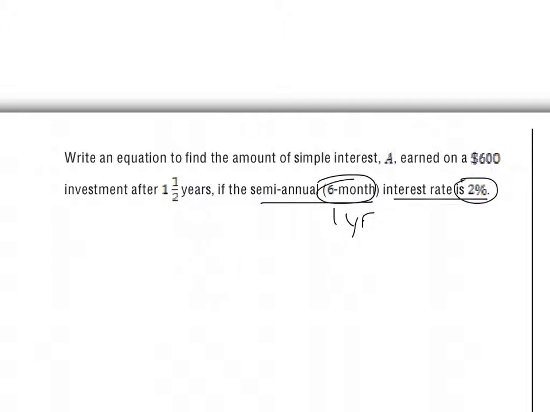So 6 months times 2, this is going to tell me my interest rate is actually 4% for the entire year. So interest is equal to P times R times T. Now go ahead and plug in the information and solve for the amount of interest in this problem.